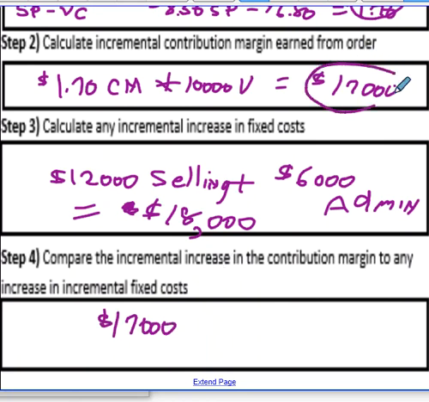From that, I subtract out any incremental increase in my fixed costs, in this case $18,000.